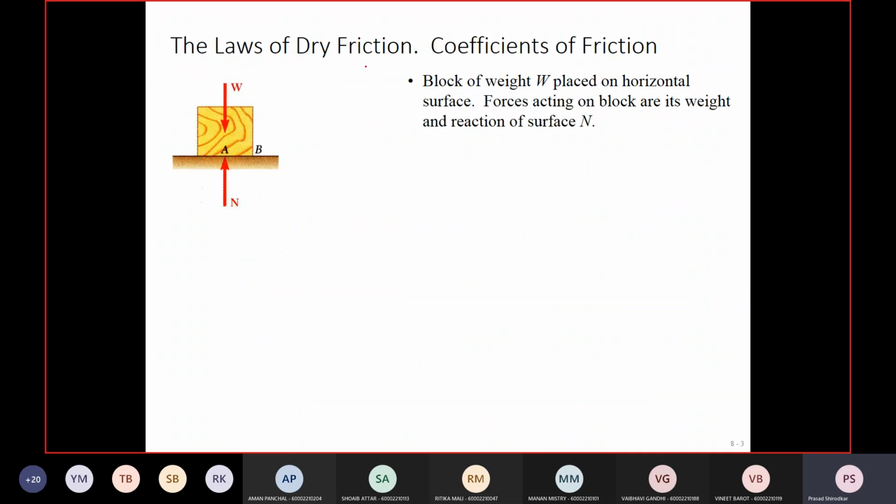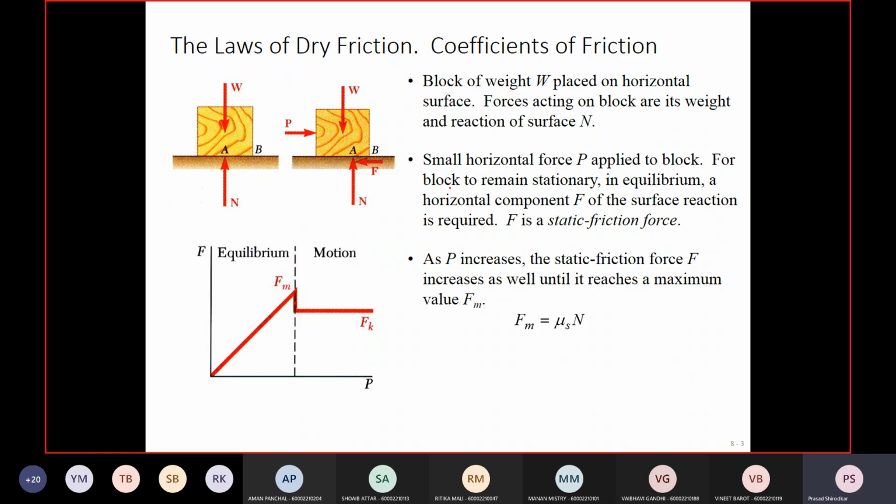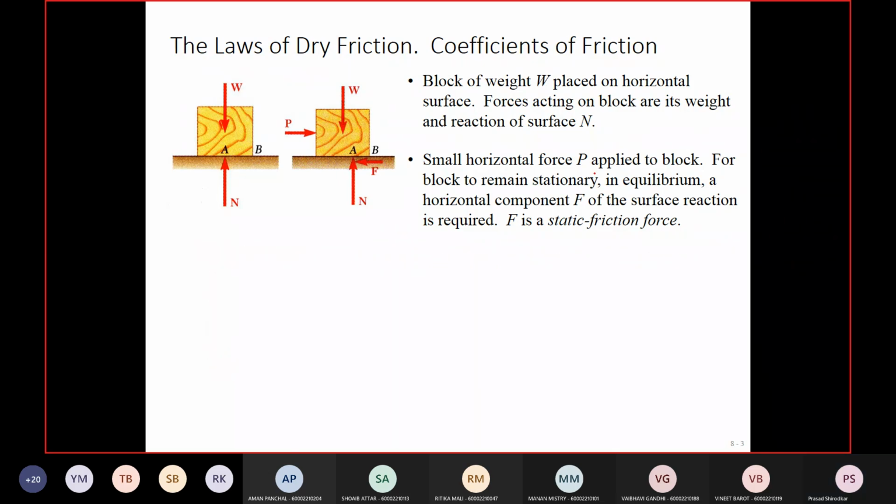So let us discuss the various laws of friction. Suppose a block of weight W is placed on a horizontal surface, and the forces acting on the block are the weight and the normal reaction. Now we apply a small horizontal force P to this block.